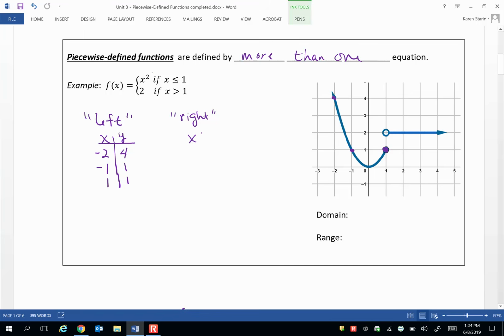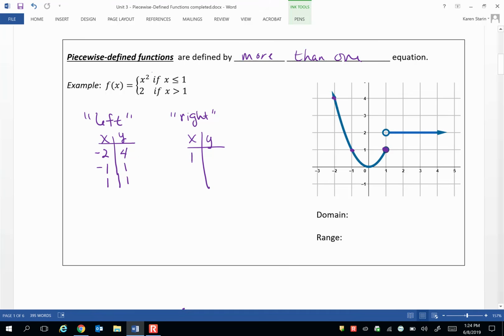But now if we go to the right piece, which is y equals 2, because when x is strictly greater than 1, y is always going to be 2. I like to look at the boundary point and see where I begin drawing that line.